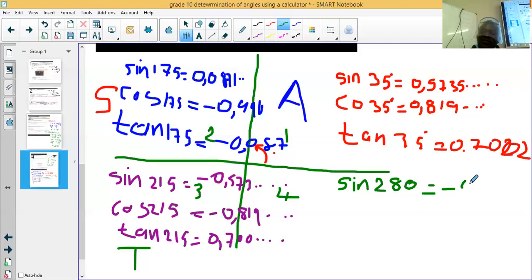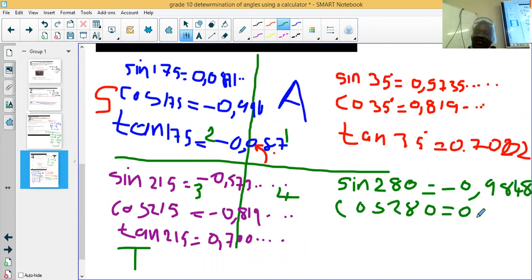Negative 0.9848. Okay. Now, what sign do we have? Negative. Now, let us go on to cosine 280.